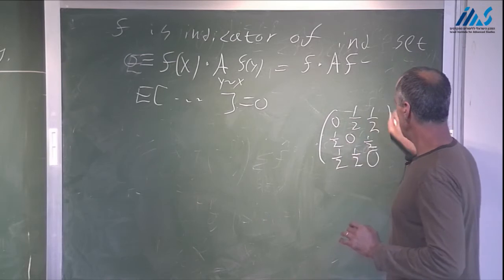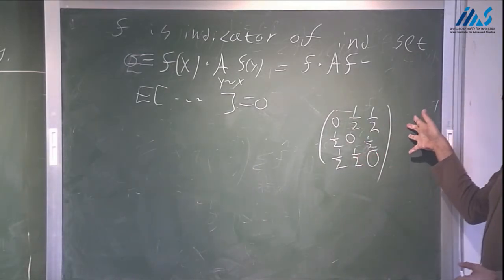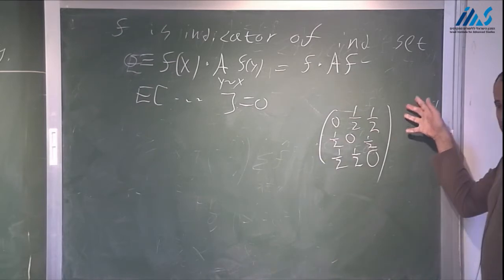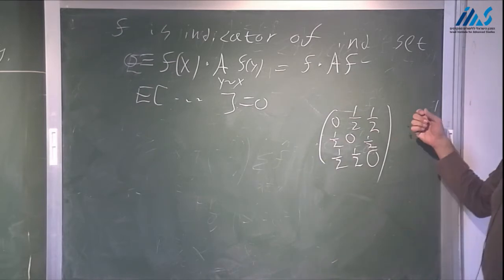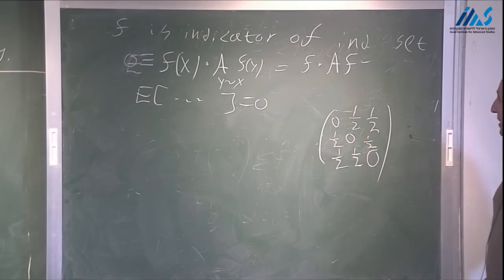So for the triangle, if you take this matrix and multiply it from the left by a function on the 3 vertices, it will replace the value of the function with the average of the value on the 2 neighbors.